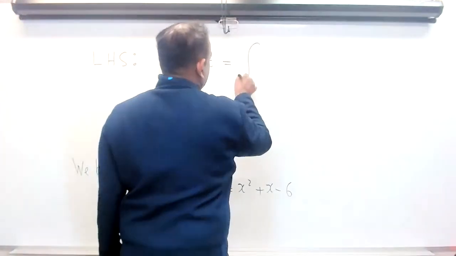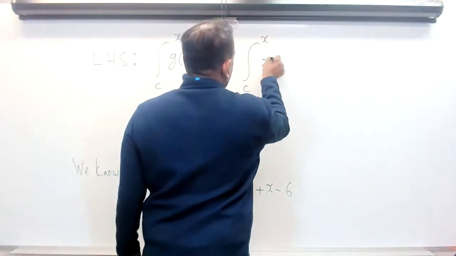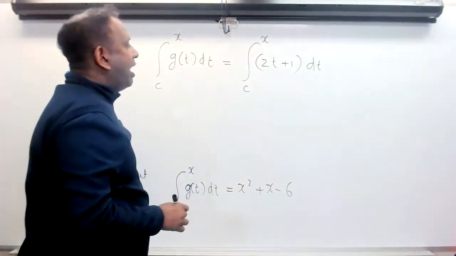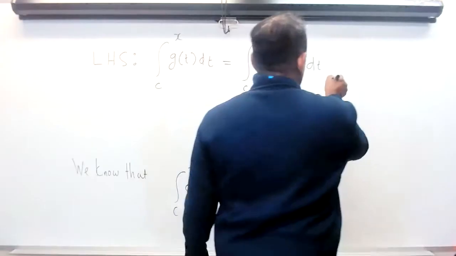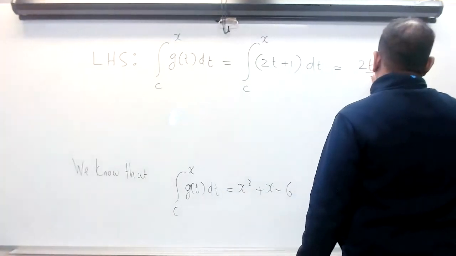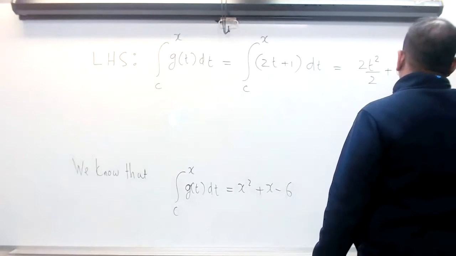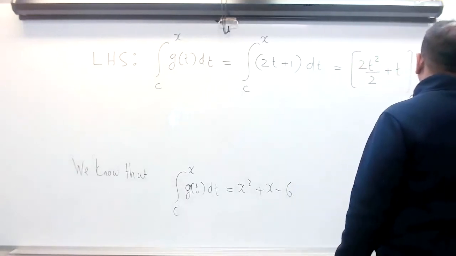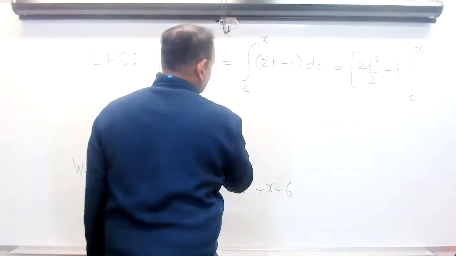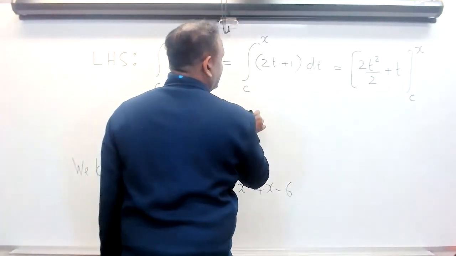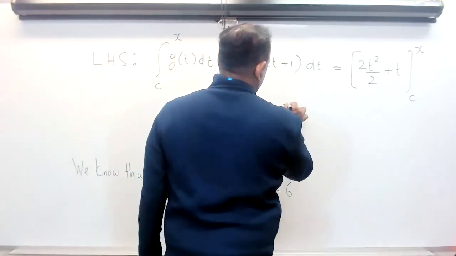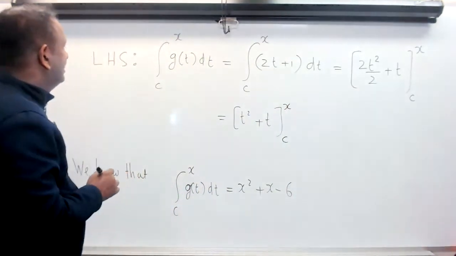We know g(t) is nothing but 2t plus 1 dt. We know this integral: 2t squared over 2 plus t, which gives t squared plus t, going from c to x.